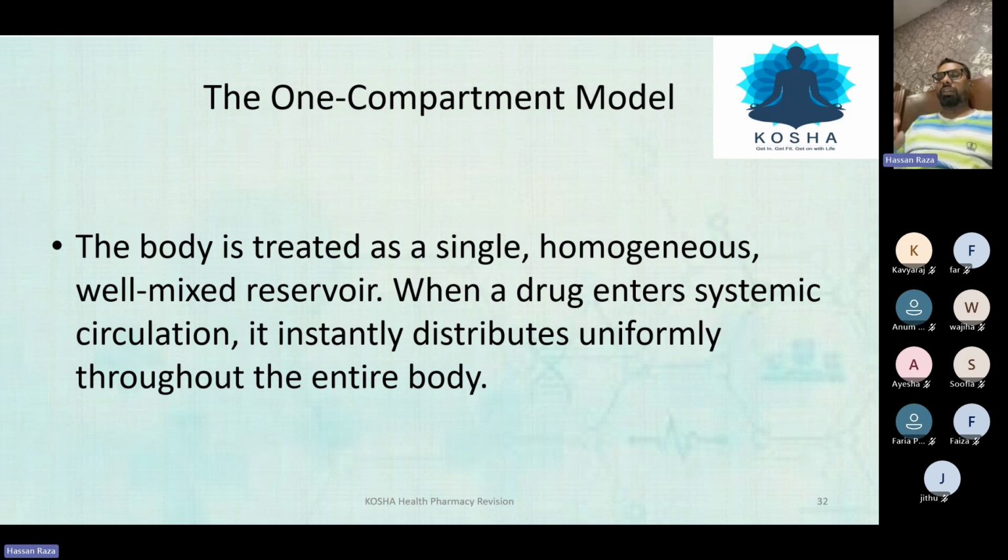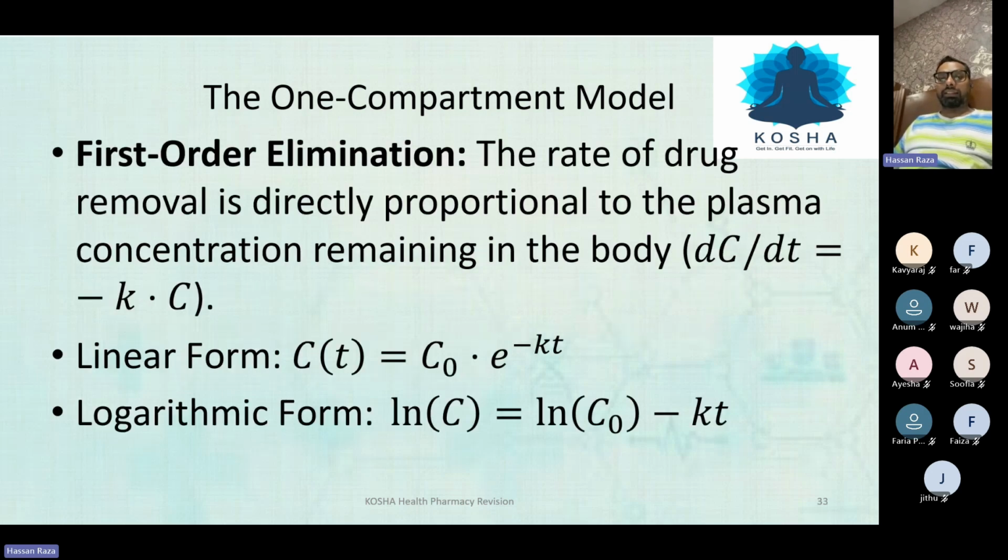They follow this one compartment model mechanics, and a drug which has very immediate distribution will follow the one compartment model. So this is the one compartment model elimination equation. You have to memorize this formula, and we will use this formula as well.